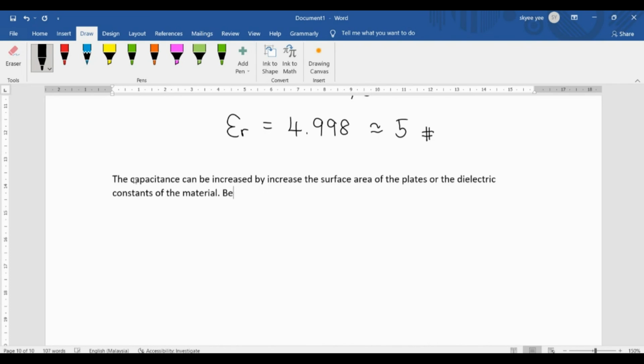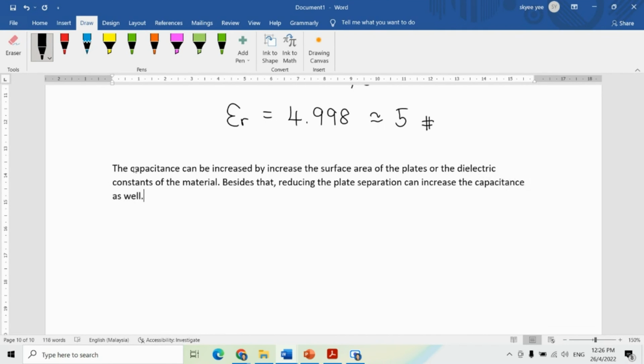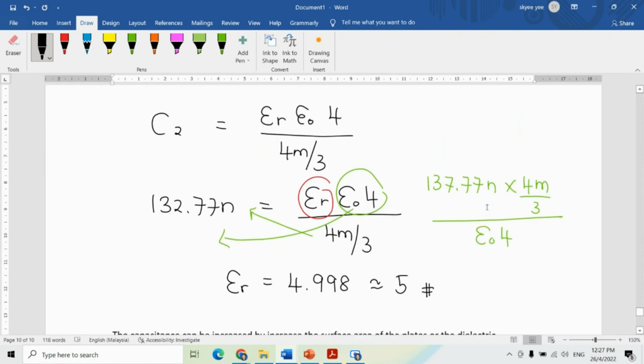Besides that, reducing the plate separations can increase the capacitance as well. So your answer should be in sentences. You explain about what you understand. Okay, so I think that's all for today's tutorial.